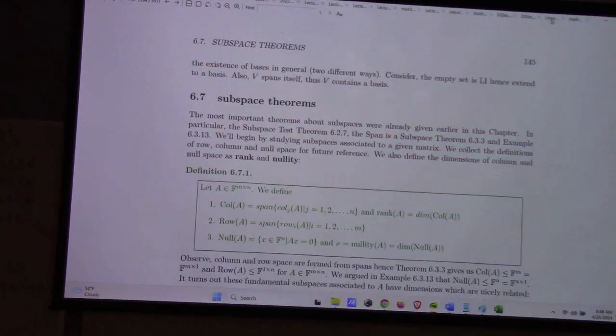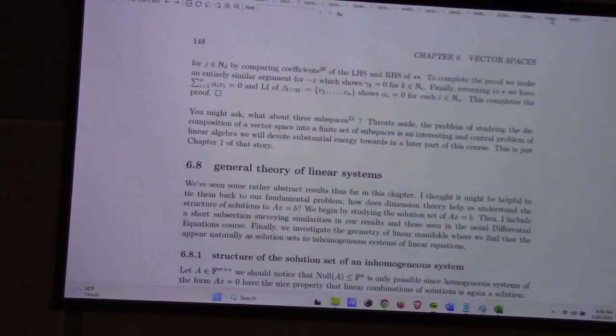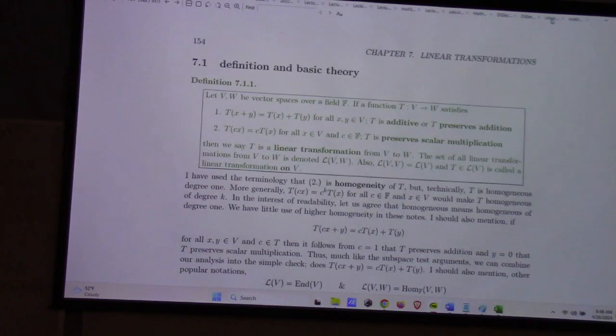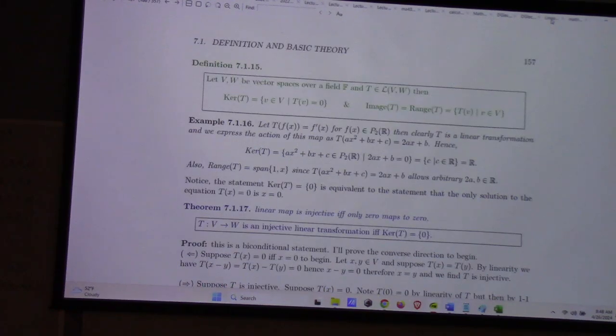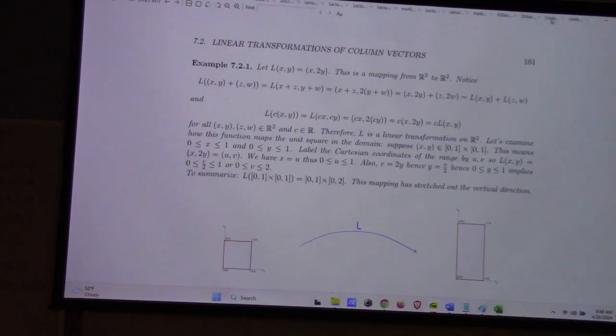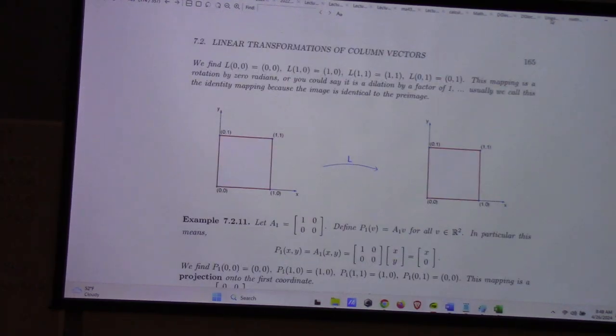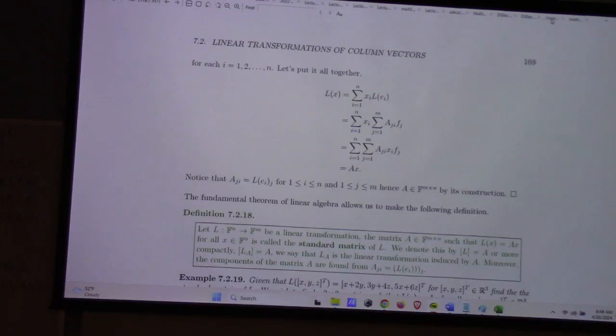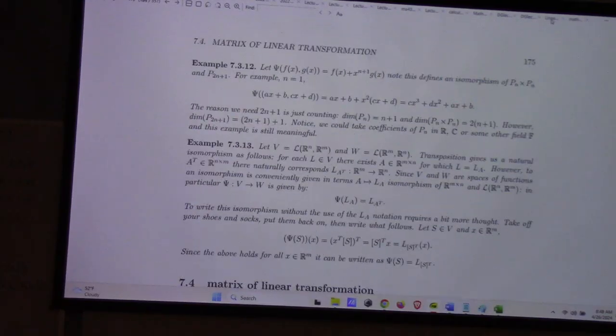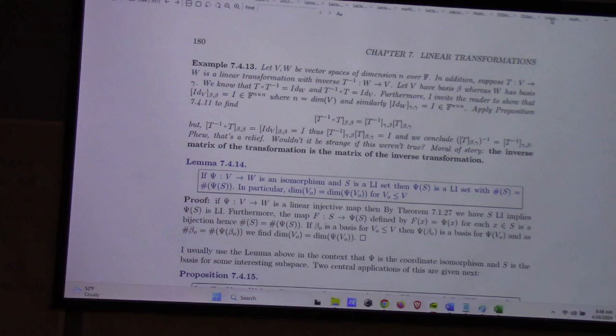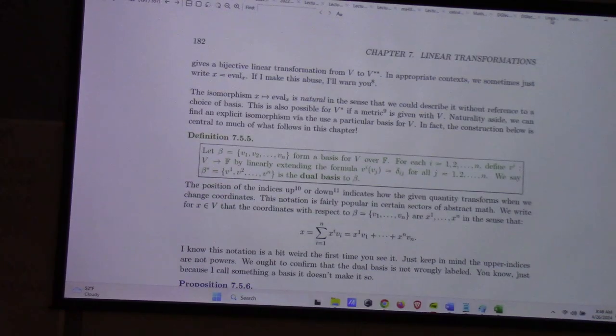Anyway, let me skip ahead here a bit. You also talk about linear transformations, where now the inputs and the outputs are abstract vectors. Some of these things are familiar. I've stolen much from 321 for 221. Isomorphism is an interesting thing.